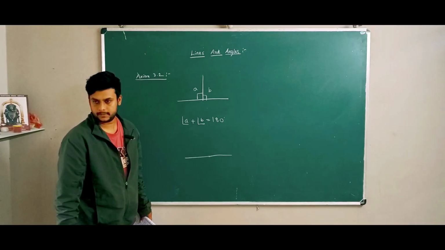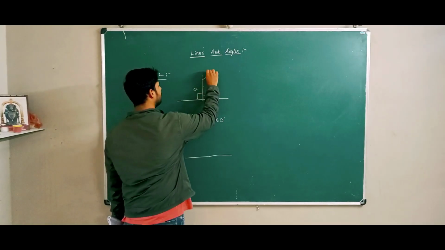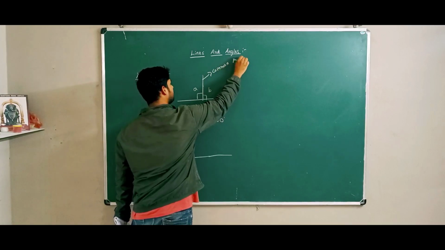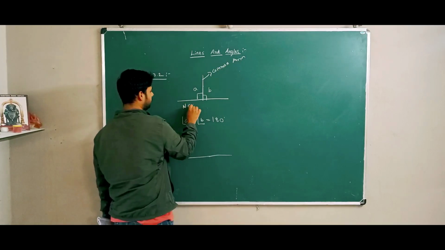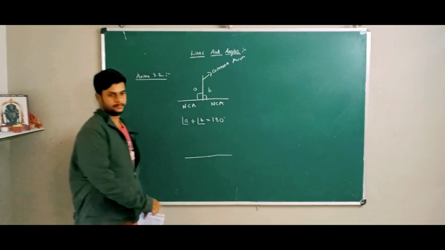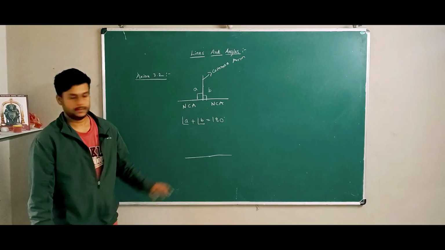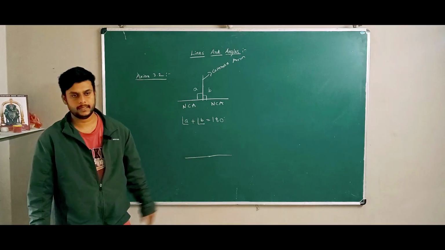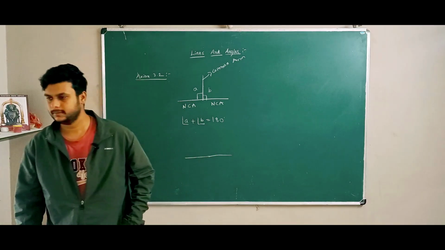These are the non-common arms. This is the common arm. This is the common arm. This is a non-common arm. This is a non-common arm. Getting or no? If I take both the non-common arms, I will get a line. Simple.